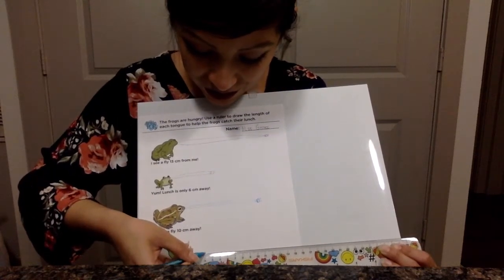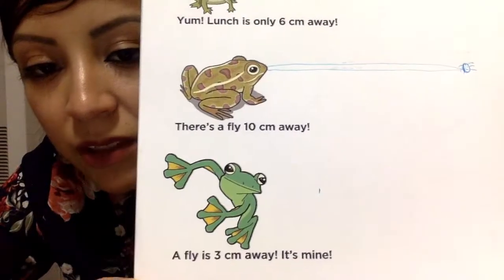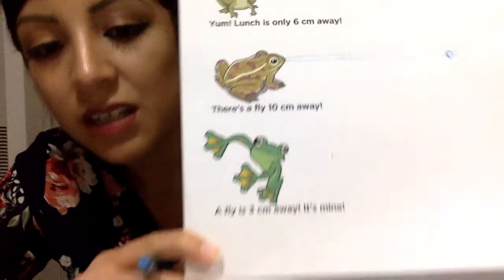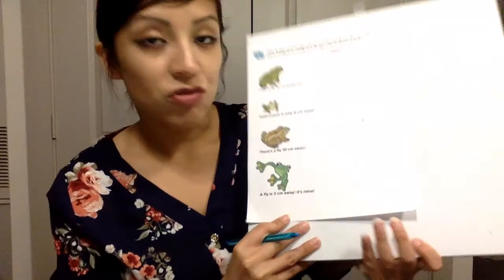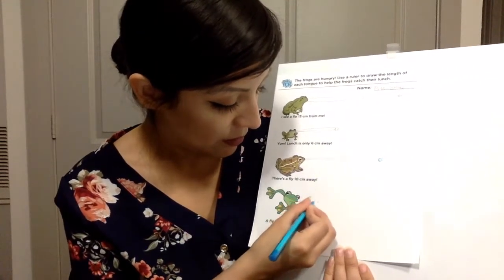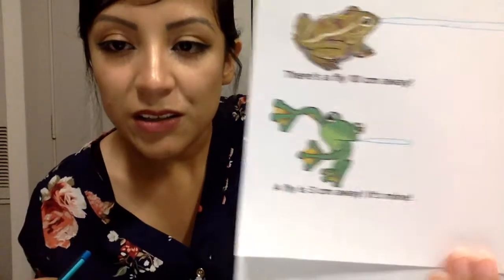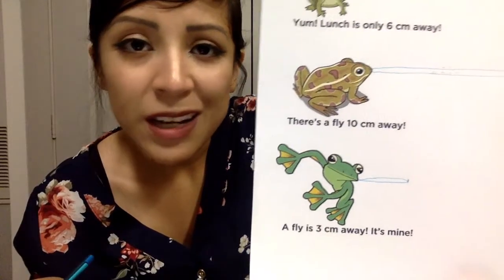So I'll go ahead and draw my line at 3 centimeters so I can move my ruler out of the way. So now that I have my line drawn for 3 centimeters, I will go ahead and draw my 3 centimeter long tongue. So there's his little tiny baby tongue.